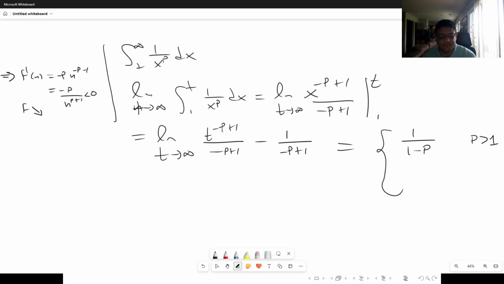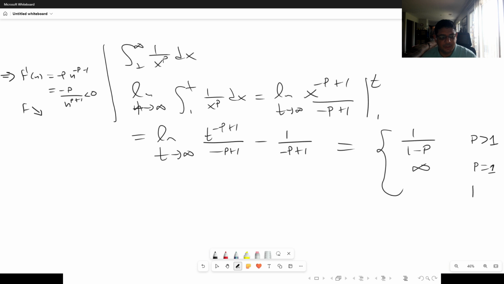This goes to 0. Okay. p equals 1 is not going to be something that we can really take. p equals 1 is going to give me log of x, right? And log of x when t goes to infinity goes to infinity. So if p equals 1, that limit goes to infinity.